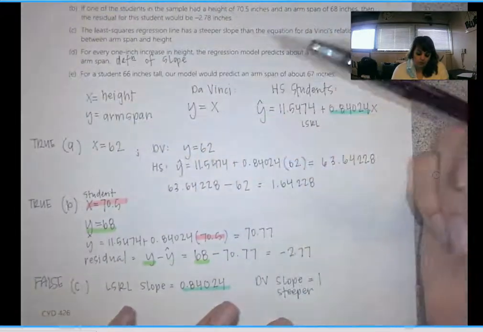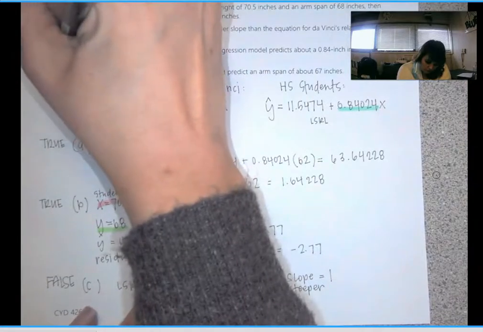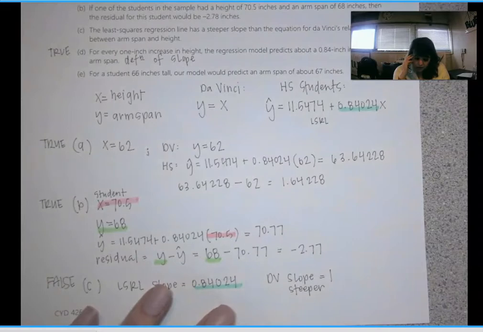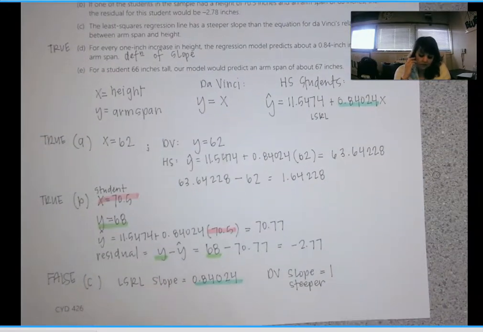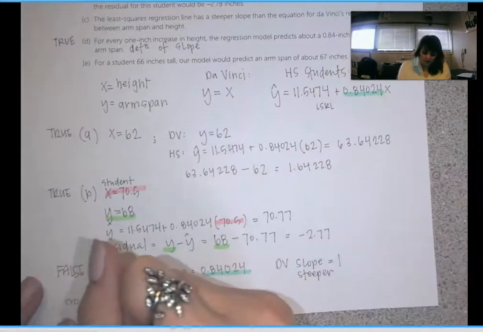E: for a student 66 inches tall, our model would predict an arm span of about 67 inches. So for E, you would just plug that in.